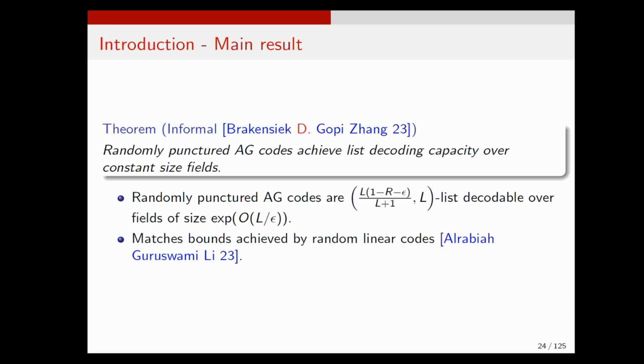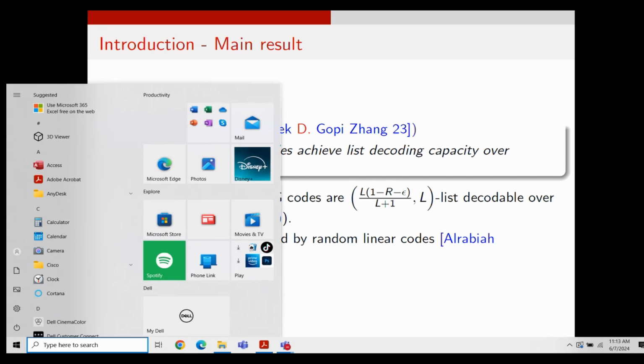I did not mention earlier that one way of generating a code is just to pick a random matrix, and it turns out most of these bounds are achieved by taking a random matrix. That's not good for applications. But the good thing is that our construction with AG codes achieves the same bound.